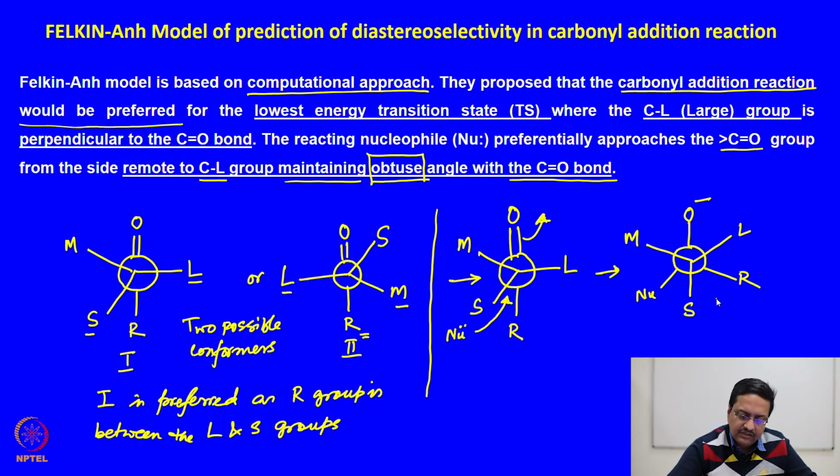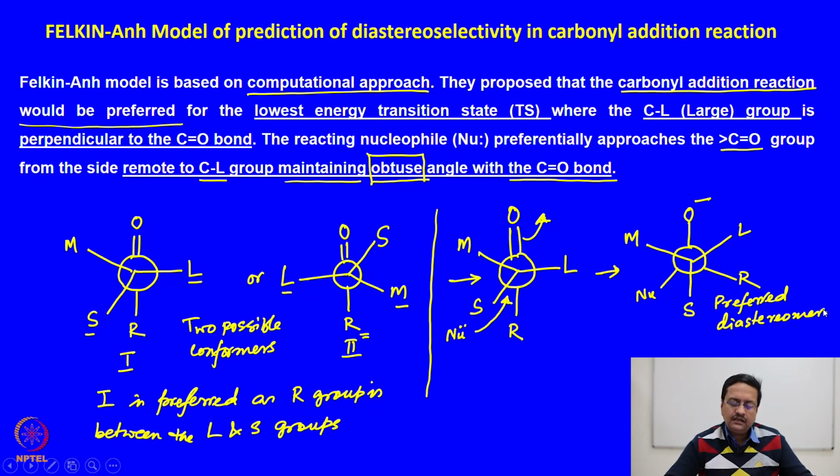So, this will be the preferred diastereomer of this particular reaction. Of course, it is possible that some of the compounds may have the unfavored conformation too and would give rise to a product.